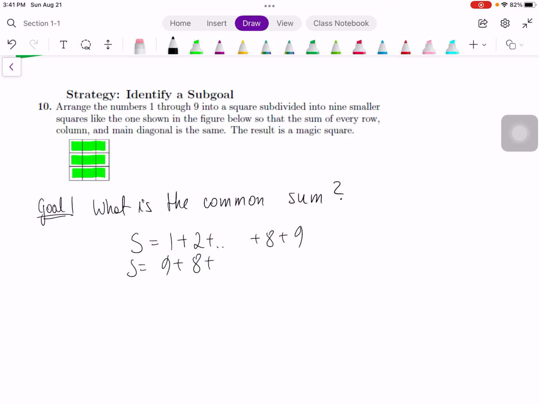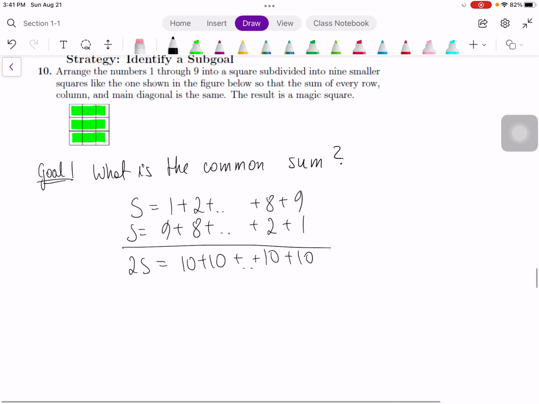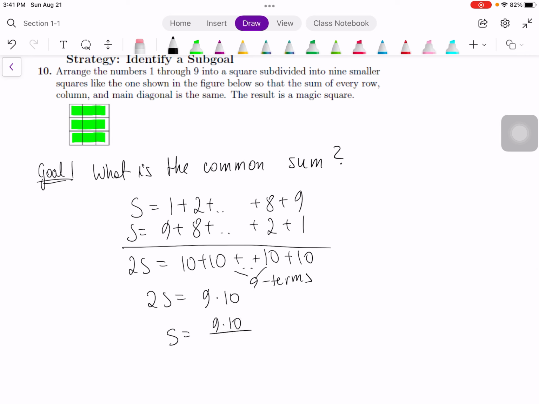I just have to, using Gauss's approach, rearrange them in decreasing order, so twice the sum is pretty much 10, 9 times, because we have 9 terms here, and so that's 9 times 10 divided by 2, which is 45.